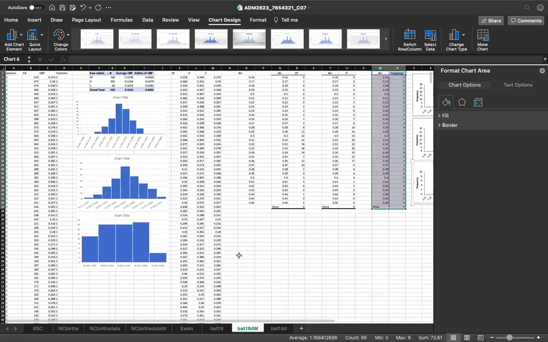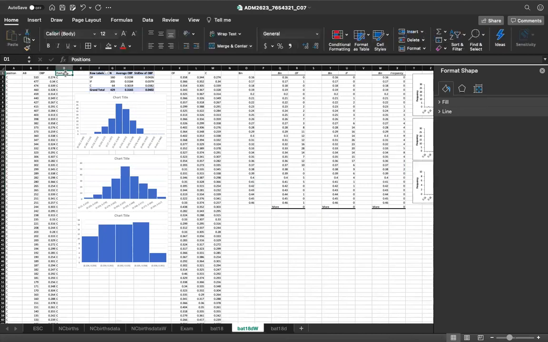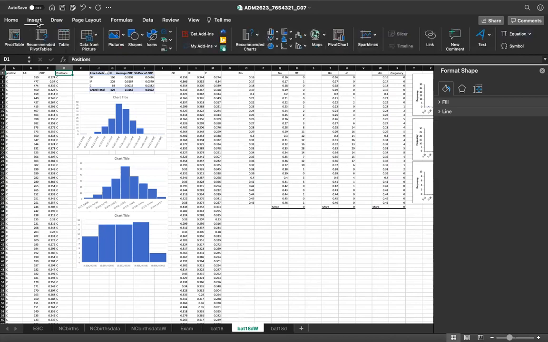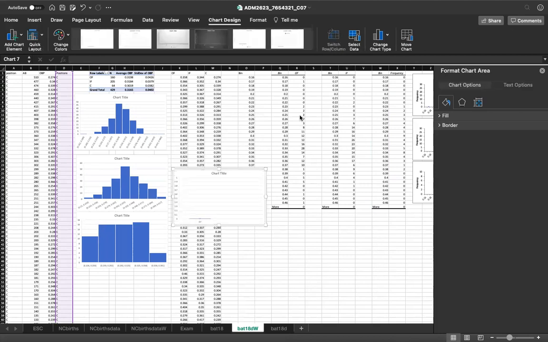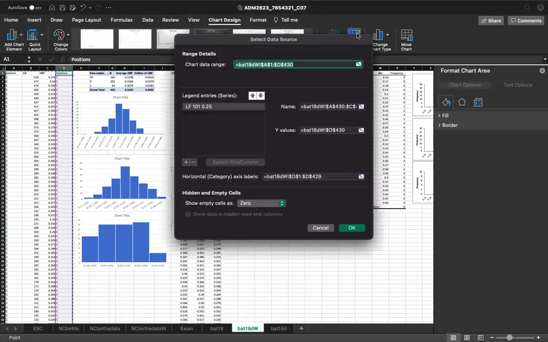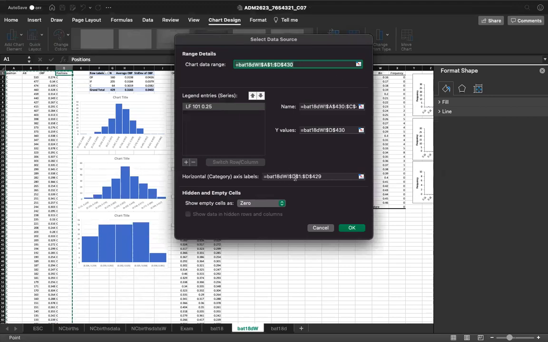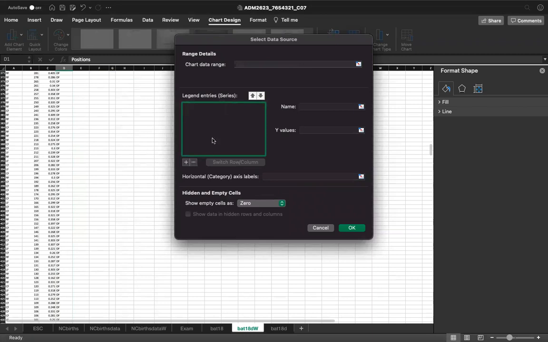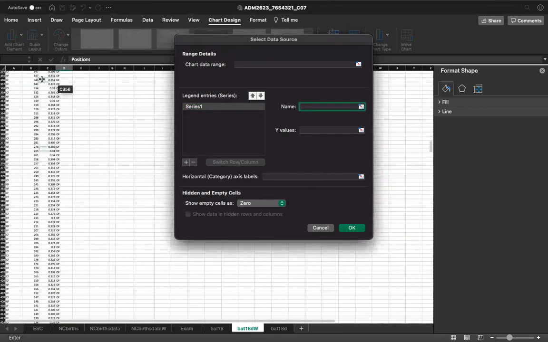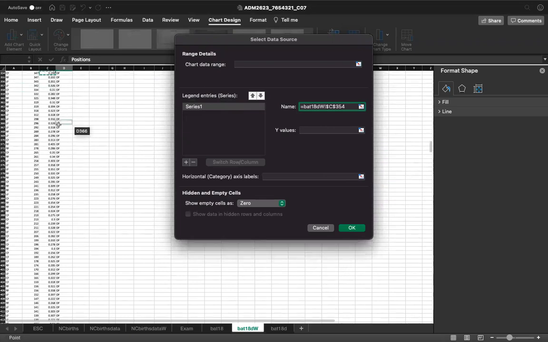And we can similarly create the box plot as well. Insert box plot. Let's select the data. The X value is in B column. Y values, name is in the C column.